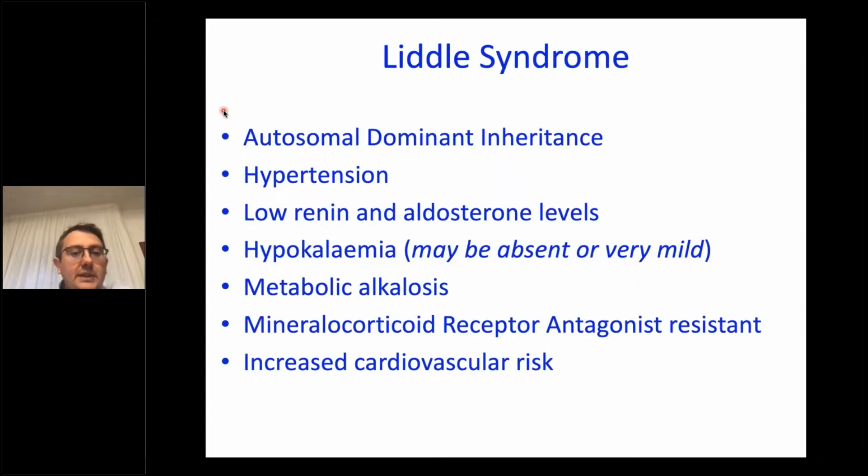Liddle syndrome is usually autosomal dominant and is associated with hypertension with hypokalemia or normokalemia. So potassium is never so severe, let's say. Metabolic alkalosis is present, and mineralocorticoid receptor antagonism should not be applied because, as you see in this case report, it did not work and increases cardiovascular risk.